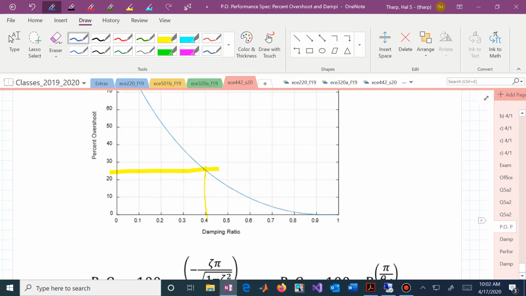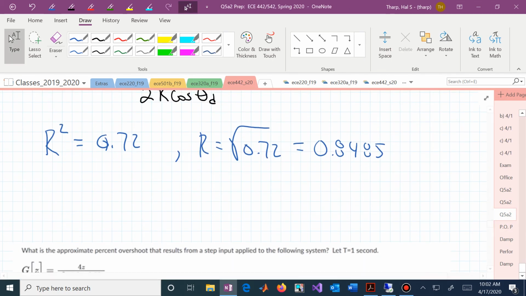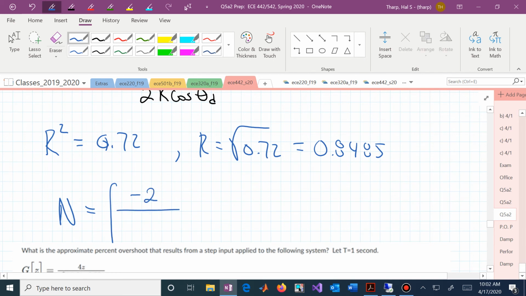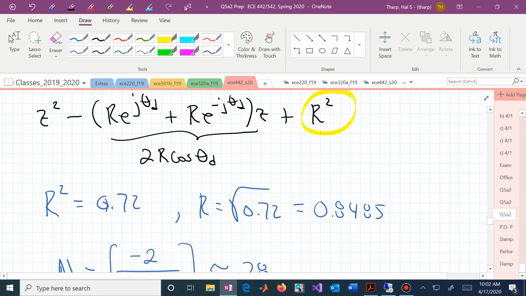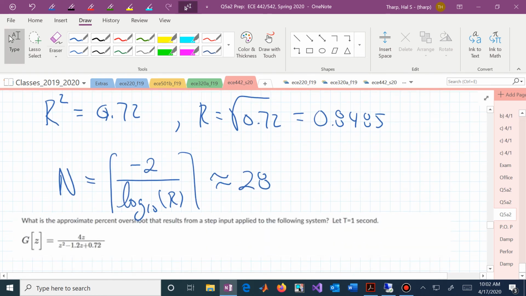In this particular case, n, and we can do this ceiling function, just take the next largest integer, minus 2 log, but I'm saying approximate, so it may be close to that, and this ends up being 28. It may have been a little bit bigger than 28, but I said, what's the approximate settling time? 28 was closer, hopefully, than any of the other answers.